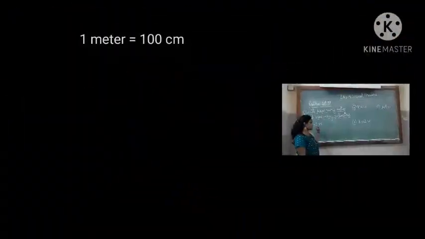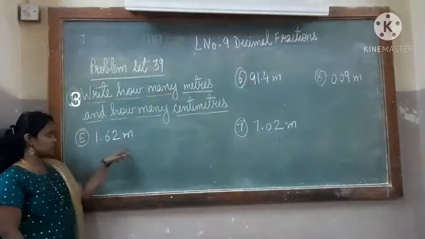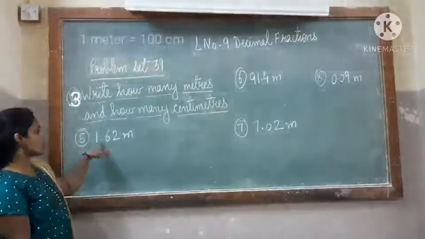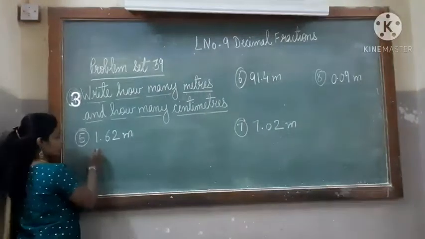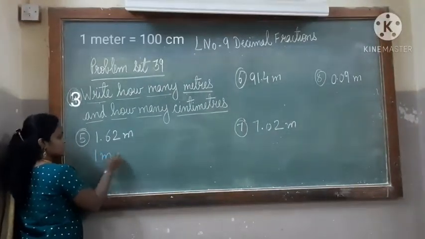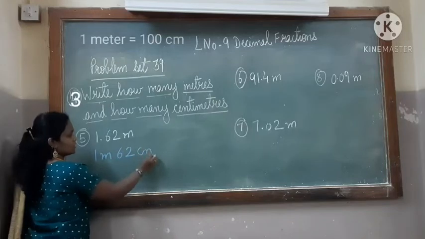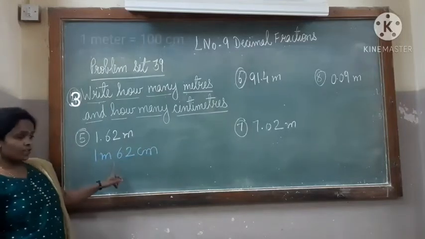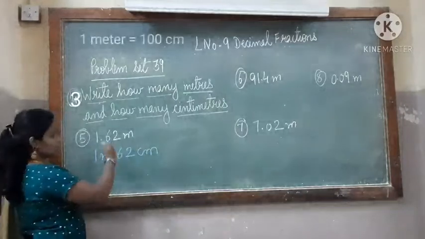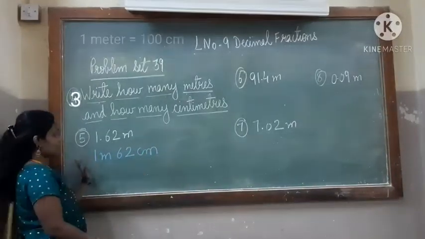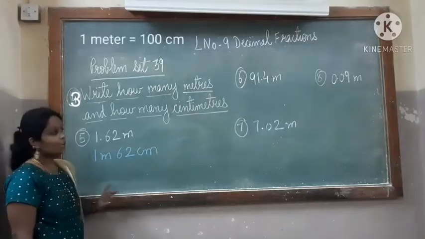Now the fifth one is 1.62 meters. Again focus on the decimal point and the left side and the right side. So 1 meter 62 centimeters. Always keep in mind, I am repeating again: the right hand side is centimeters, the left hand side of the decimal point will be meters.